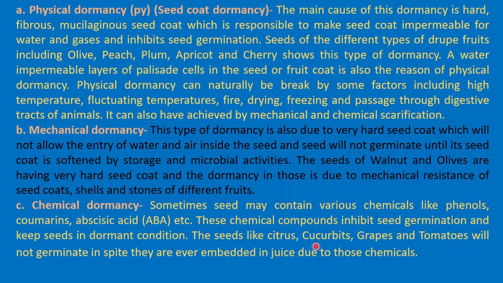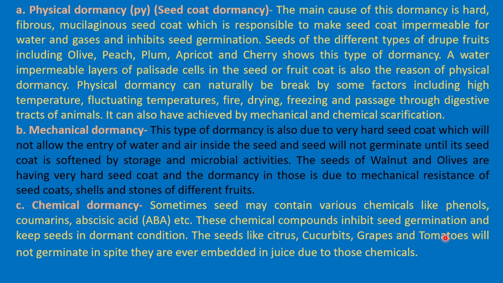If you see citrus, cucurbits, grapes, tomatoes, all these are juicy fruits and the seeds are always embedded in the juice, or we may call it water, but due to the presence of such compounds in that juice, these seeds will fail to germinate in that fruit.